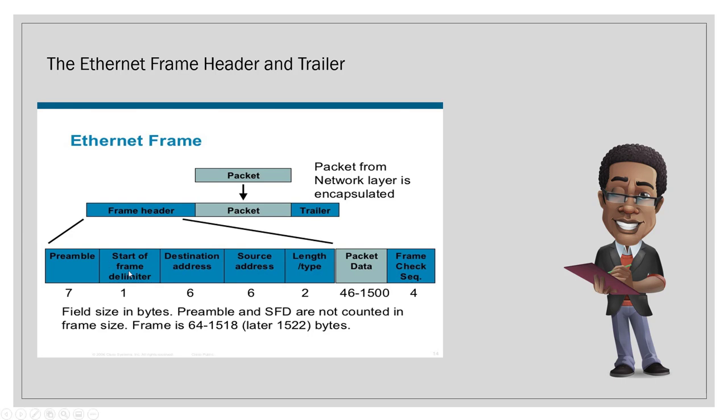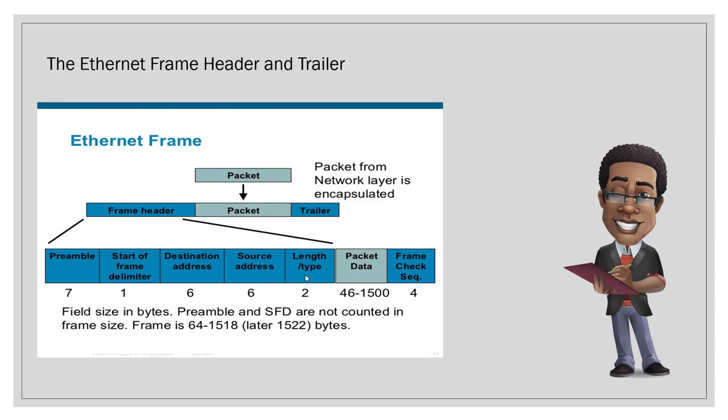So once you get here, it's going to signal to the equipment that the next byte will be the start of the destination MAC address. And then of course you have the destination MAC address, you have the source MAC address, and then you have the length/type. The type defines the type of protocol that is used within the packet header.